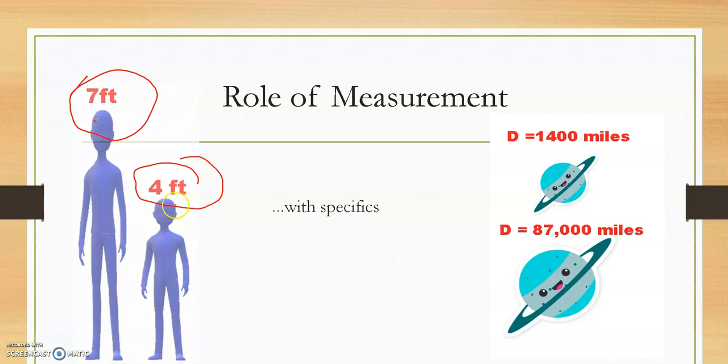In a planet example, a smaller planet possesses a diameter of 1,400 compared to a larger diameter planet which is at 87,000 miles. So again, the role of measurement is to give specifics.